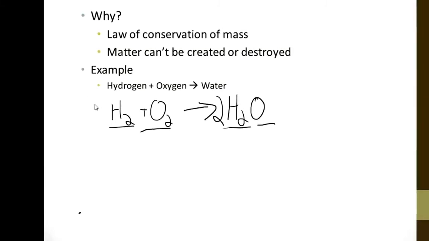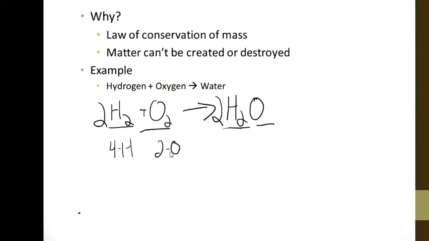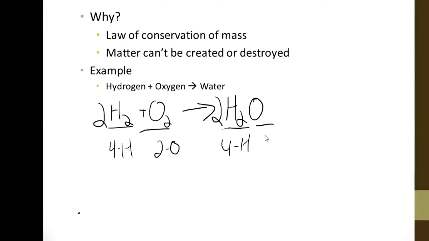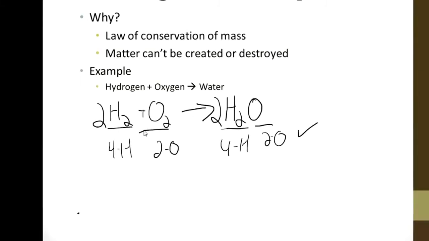So if we put a 2 coefficient in front of here, that gives us 4 hydrogens on this side, 2 oxygens on this side. Now they match, so we know we're good, and this is a balanced equation. The final balanced equation is 2H2 plus O2 yields 2H2O.